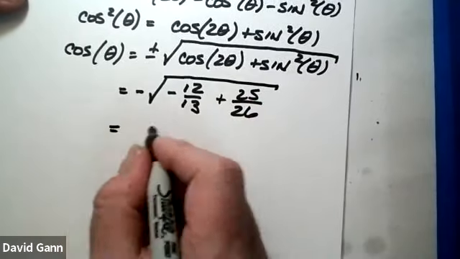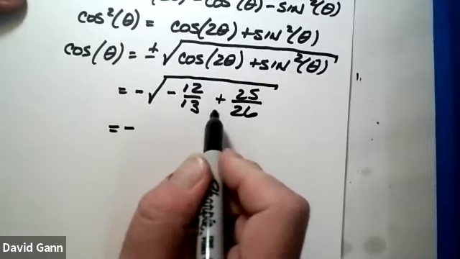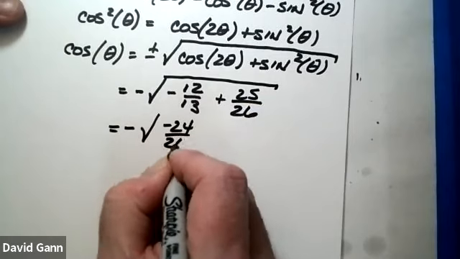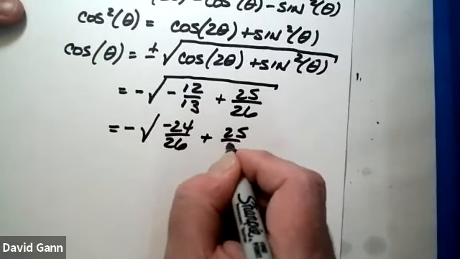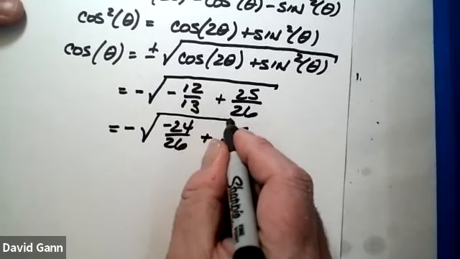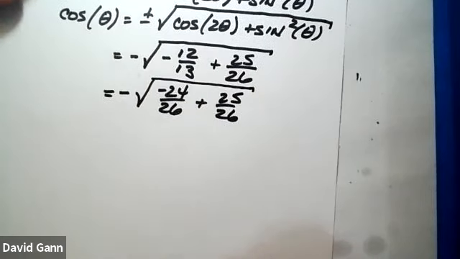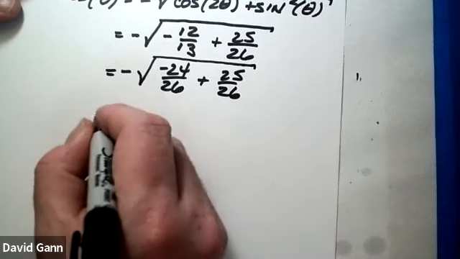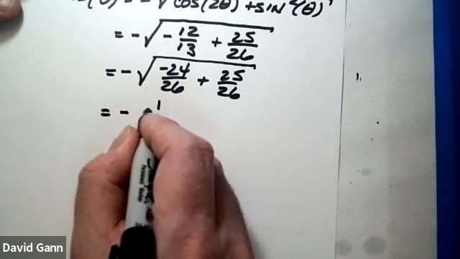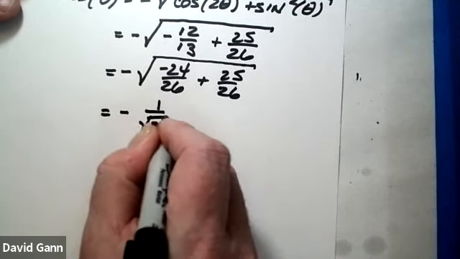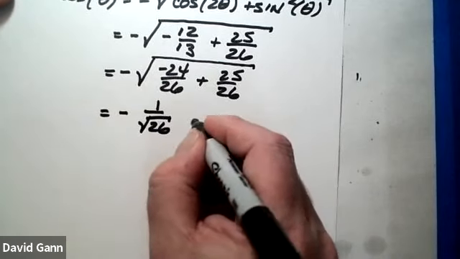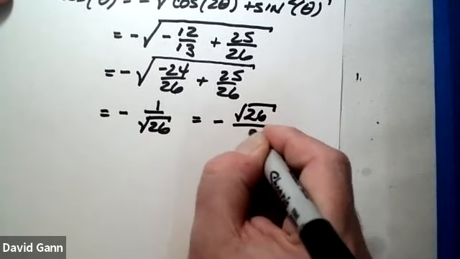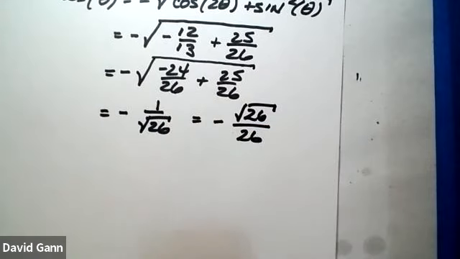Simplifying this, we got to find a common denominator here: the square root of negative 24 over 26 plus 25 over 26. That's pretty easy to do now because it's 1 over 26. We're left with negative 1 over square root of 26, a couple steps in there, which in order to rationalize that is the negative square root of 26 over 26. Okay.